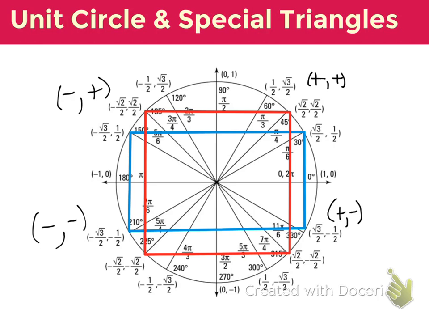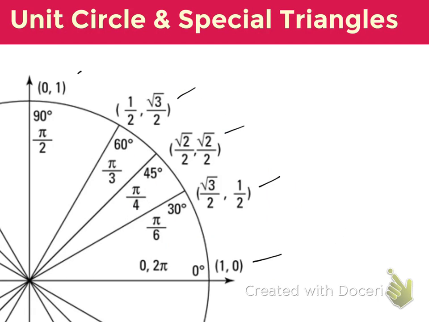And we'll do one last one so you can see this pattern that emerges. This 1/2 and comma square root of 3 over 2. If you use this, you can create another rectangle to find all of those positions as well. And you actually know the entire unit circle, all because you spent a little time learning these 5 positions.